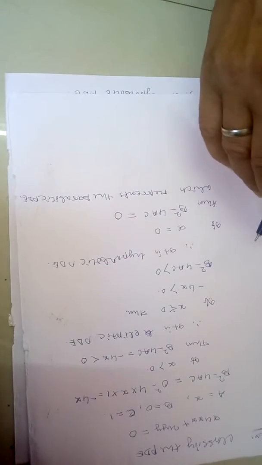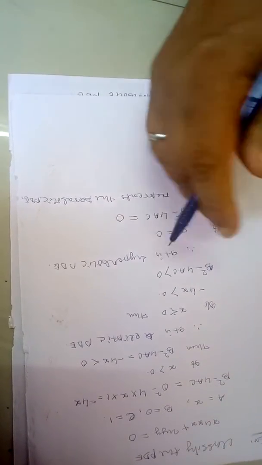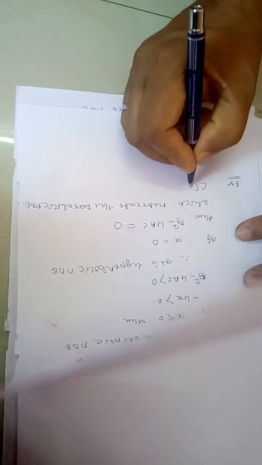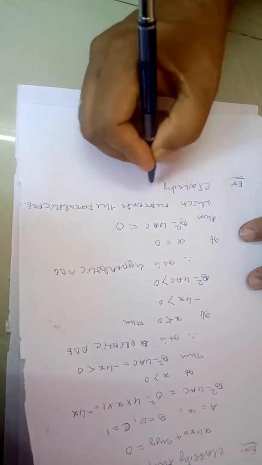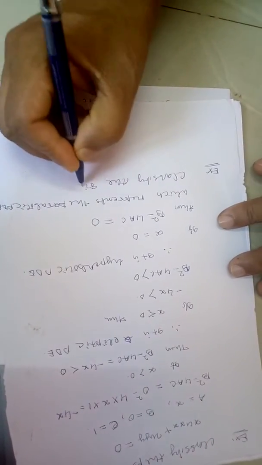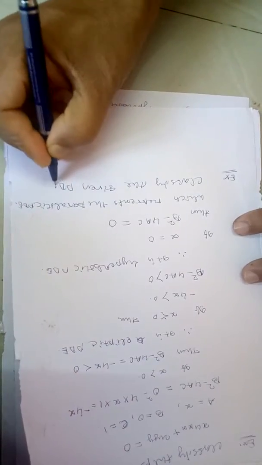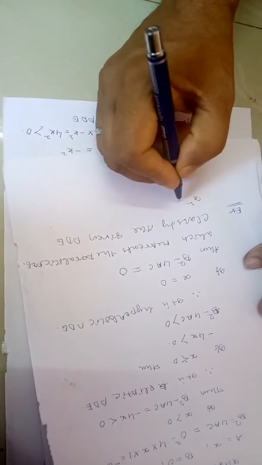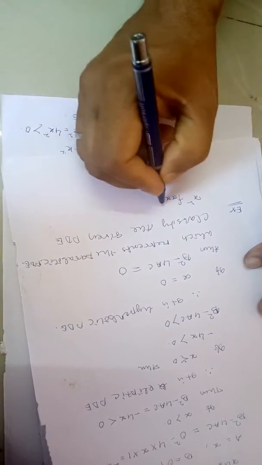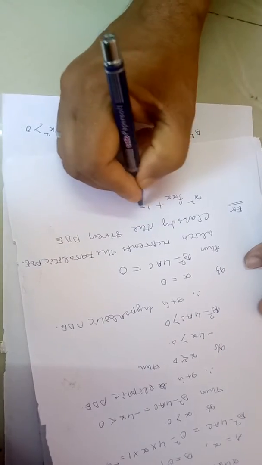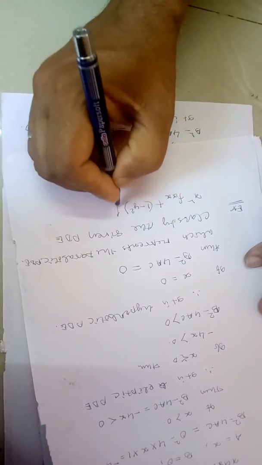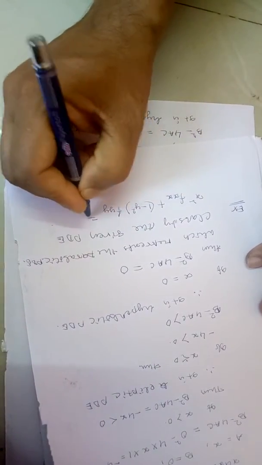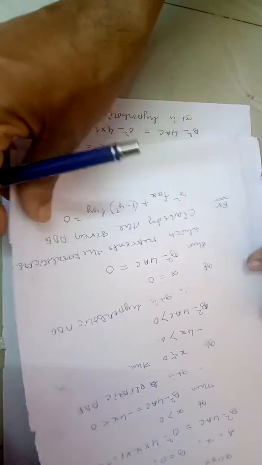Let me give another example here. Classify the given PDE: x square fxx plus 1 minus y square fyy is equal to 0.